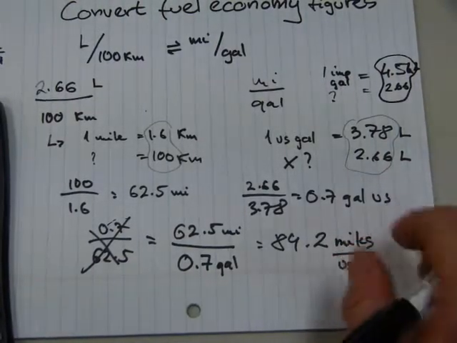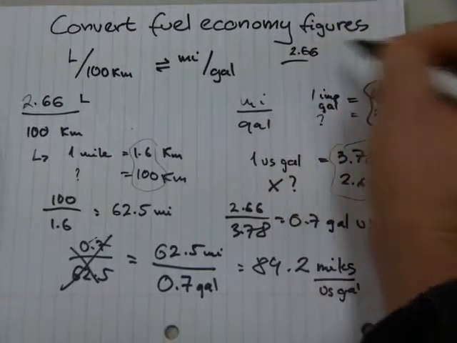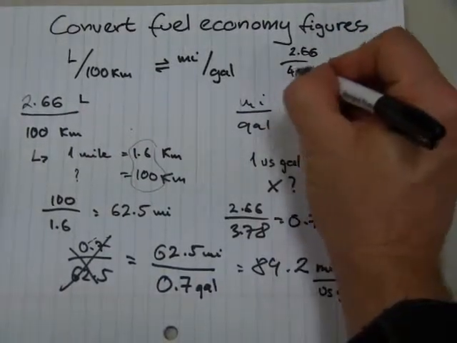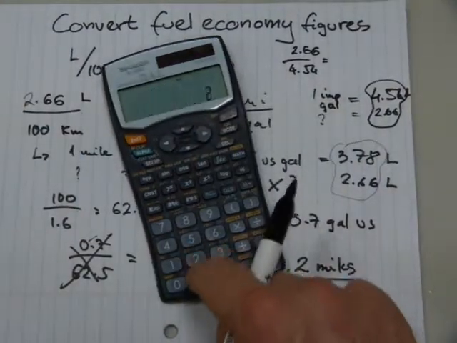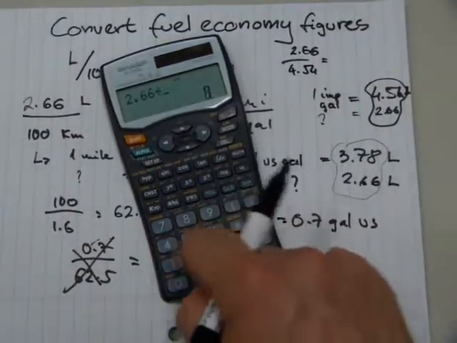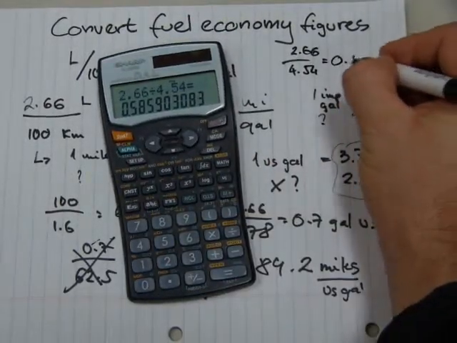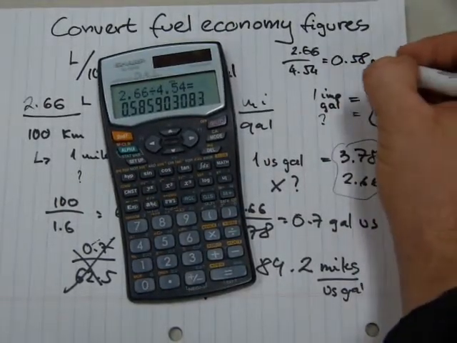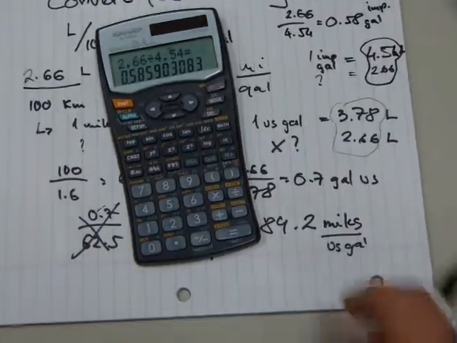It's just going to be a different number. 2.66 is to be divided by 4.54. So now it's 0.58. That's the Imperial or British gallon.